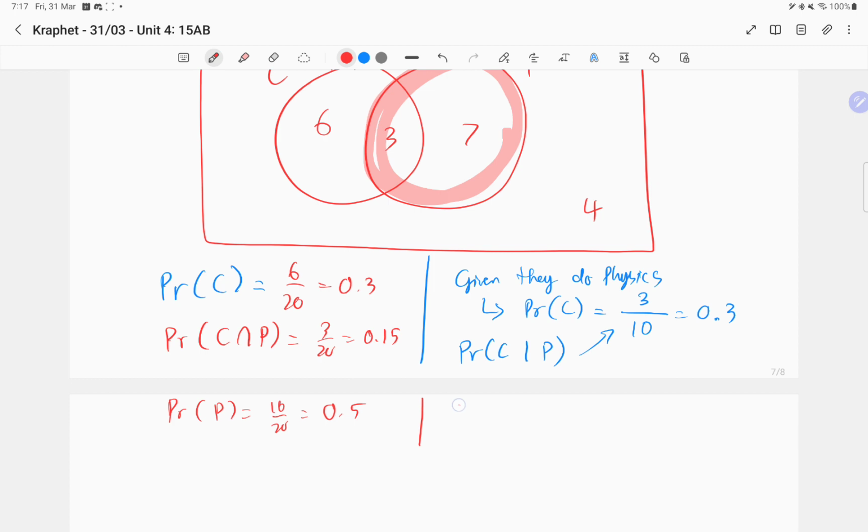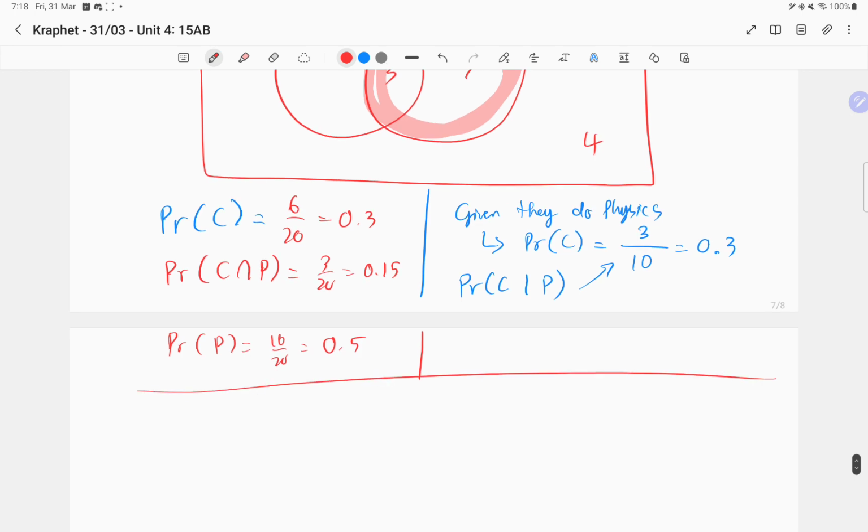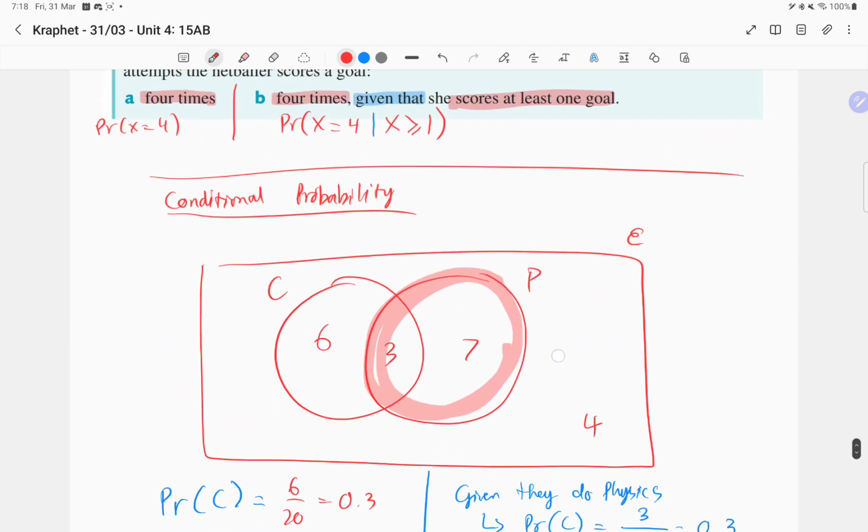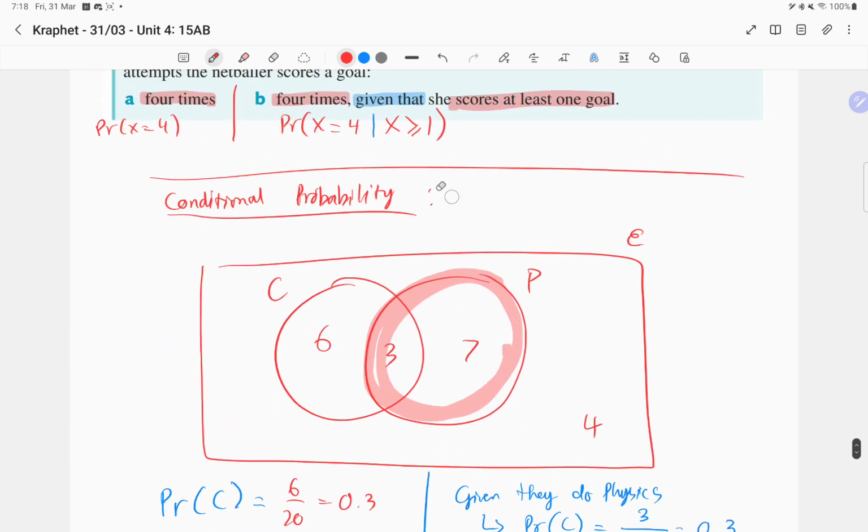The generic conditional probability formula is: P(A given B) equals a fraction. It's the probability of A intersect B, or A and B happening together, over the probability of B. Remember intersection, like C and P, means they have to take both chemistry and physics.